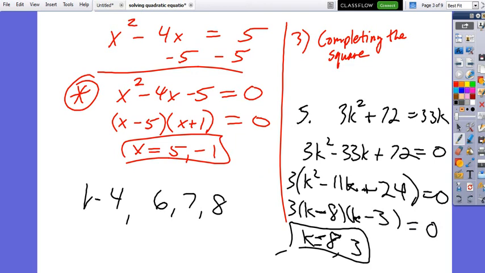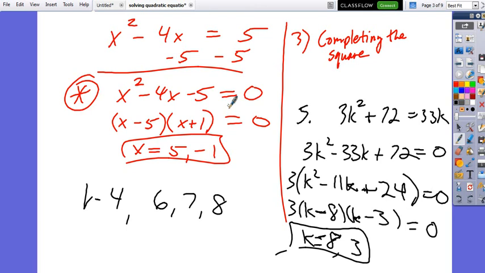So when you're factoring, everything's got to be on the same side of the equation. To move that 5 over, all I've got to do is subtract it. Now, I don't even need to show this step, because I know that when I move something to the other side of the equation, I'm changing the sign. All right? So x squared minus 4x minus 5 equals 0 factors into x minus 5 times x plus 1 equals 0, so that x equals 5 and negative 1.